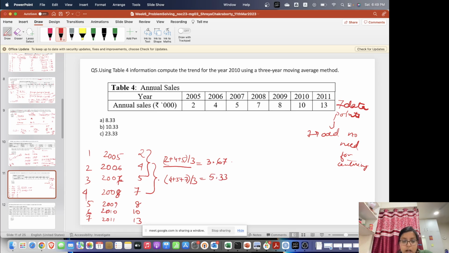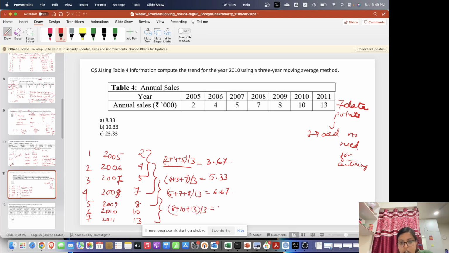Then we leave this one out. These three together. 5 plus 7 plus 8 by 3. This would be 6.67. Then we would leave this one out. 8 plus 10 plus 13 by 3.